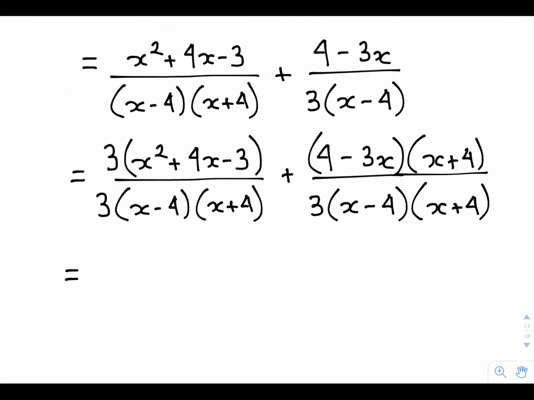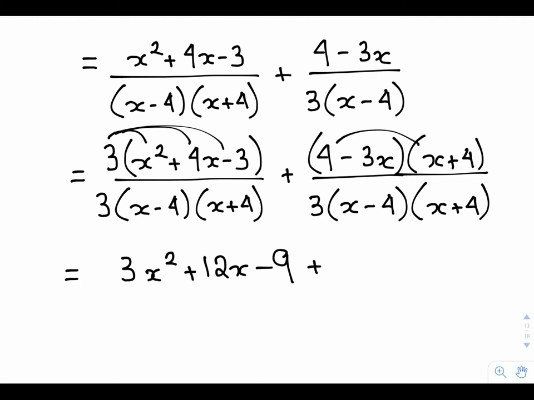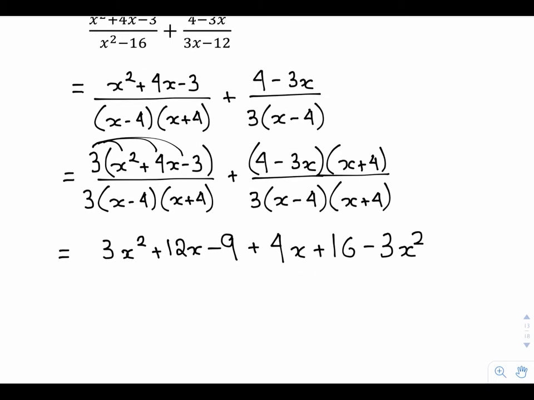I'm going to rewrite my numerators. I'm going to expand this out first, and I'm going to combine them. So I'll have 3x squared plus 12x minus 9, and then I'm going to expand this here, okay, so that I get 4x plus 16 minus 3x squared, let's make some more space here, minus 12x.